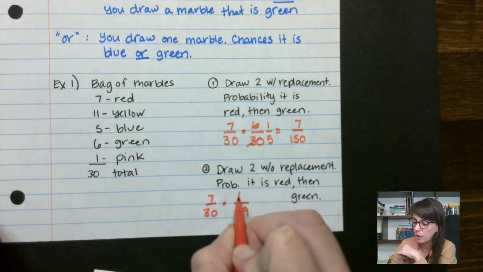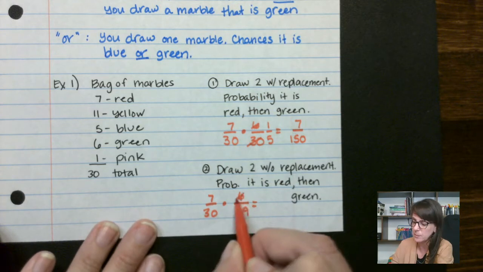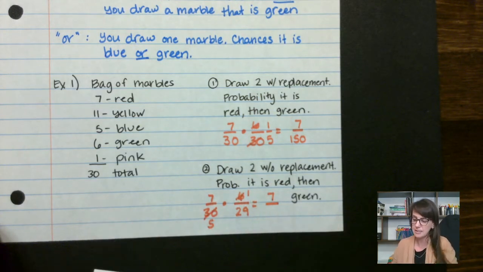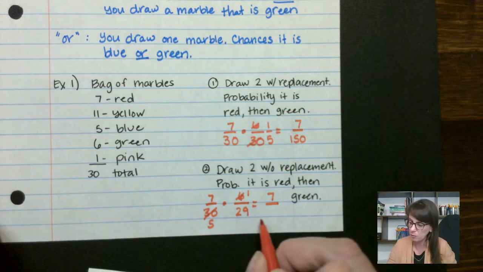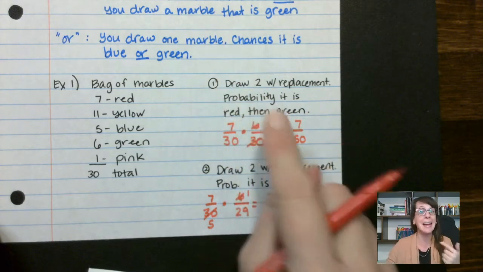However, 6 of them are still green. So we divide this by 6, we get 1. Divide this by 6, we get 5. So we end up with 7 over 29 times 5, which gives us 145. That's the difference between replacement and not replacement, but you see the words this and this, right?